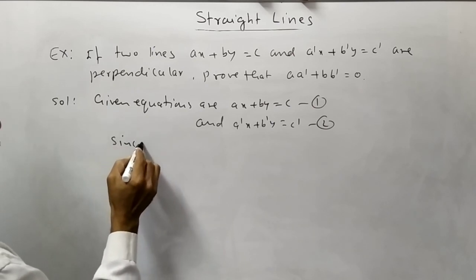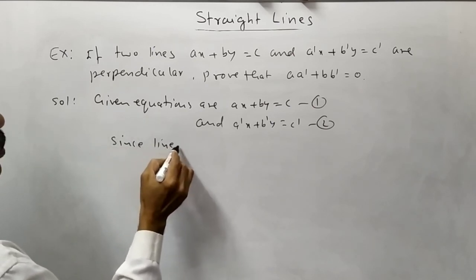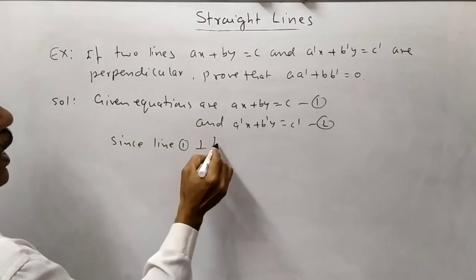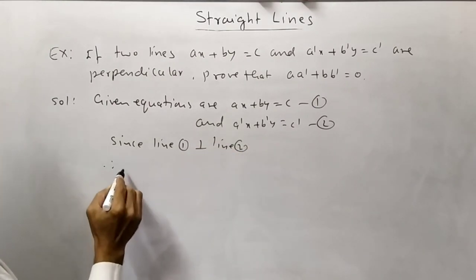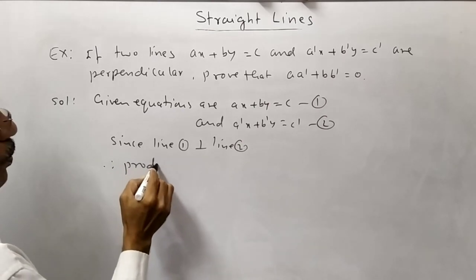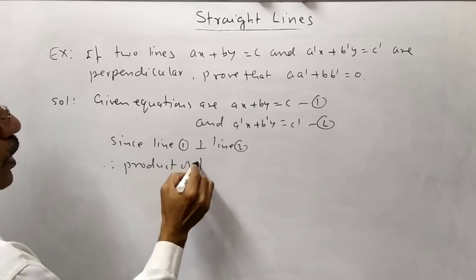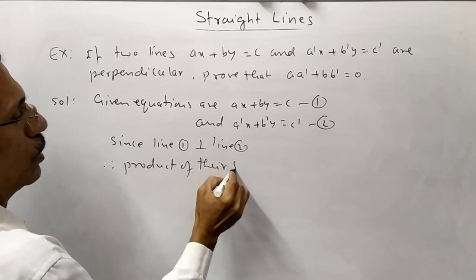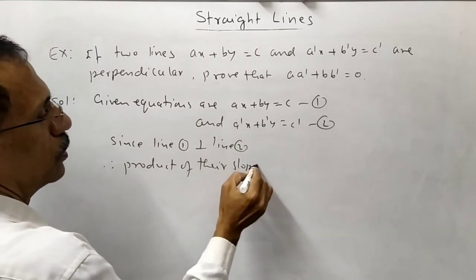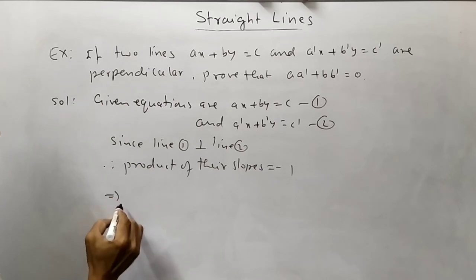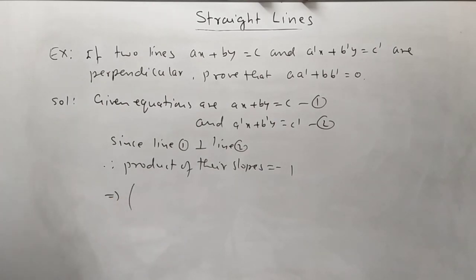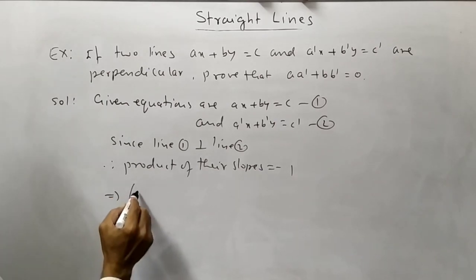Since line 1 is perpendicular to line 2, therefore product of their slopes is equal to minus 1. This implies, what about the slope of equation 1?